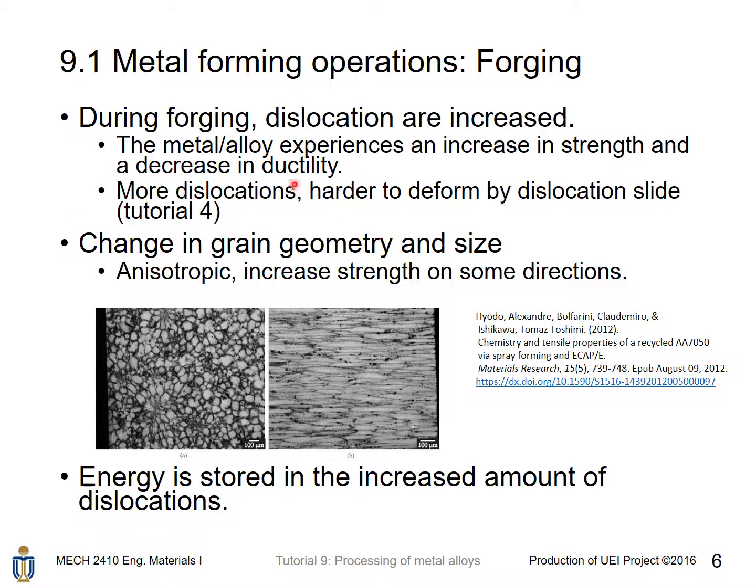Basically, more dislocations means it will be harder to deform using the dislocation slip mechanism, which means the metal increases in strength. And there will be a change in grain geometry and size within the forged metal piece. Such change is anisotropic because the force cannot be applied in every direction.